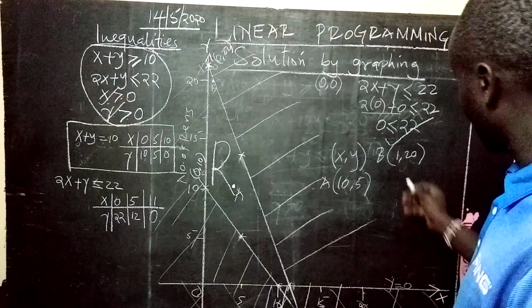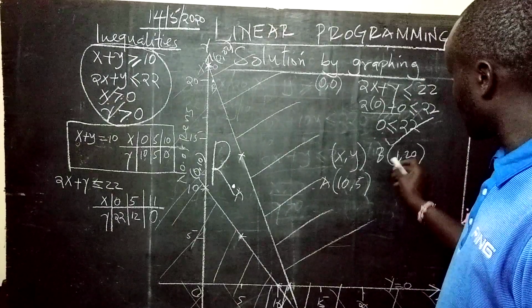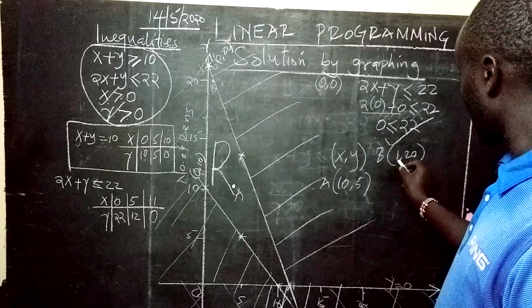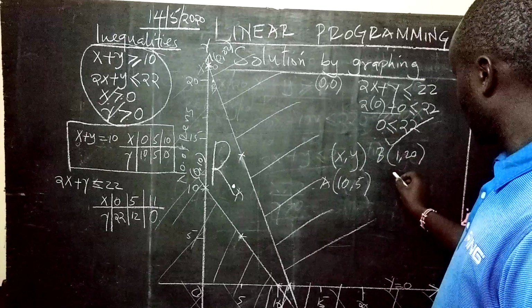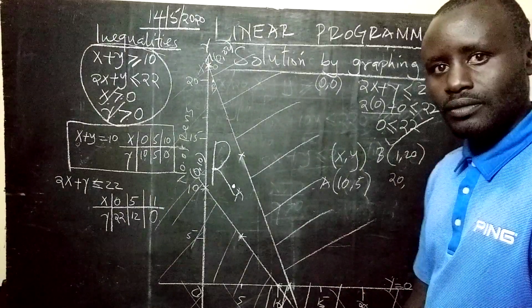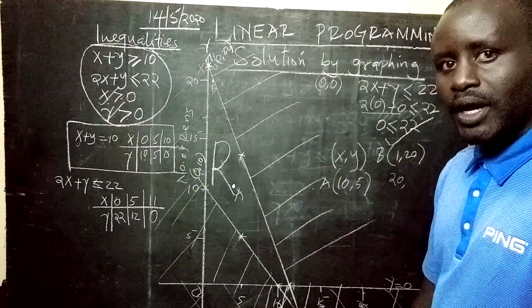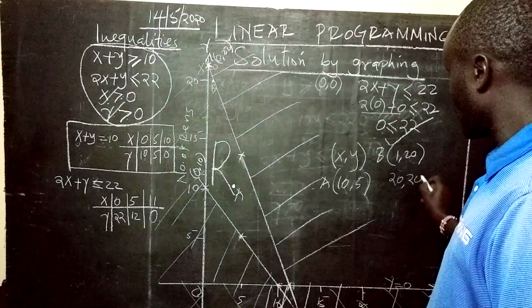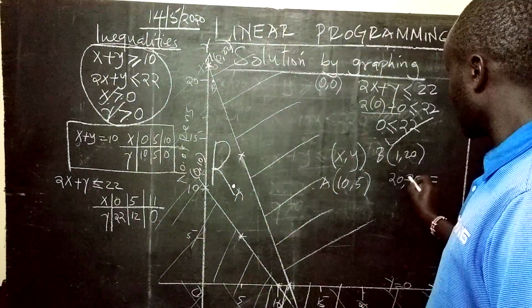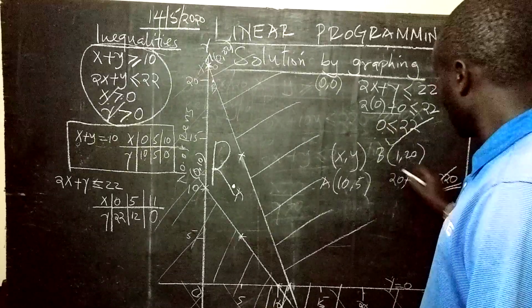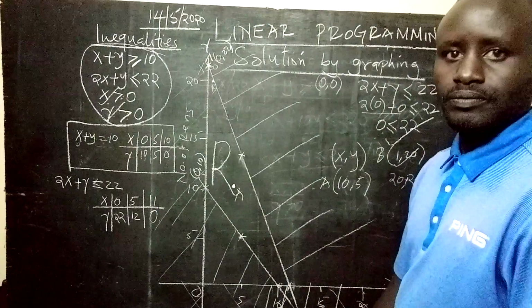It means, is it possible for this student to buy one book which costs 20 shillings, then buy 20 pens, one costing 10 shillings, to give us 220, our maximum? And that point is true.